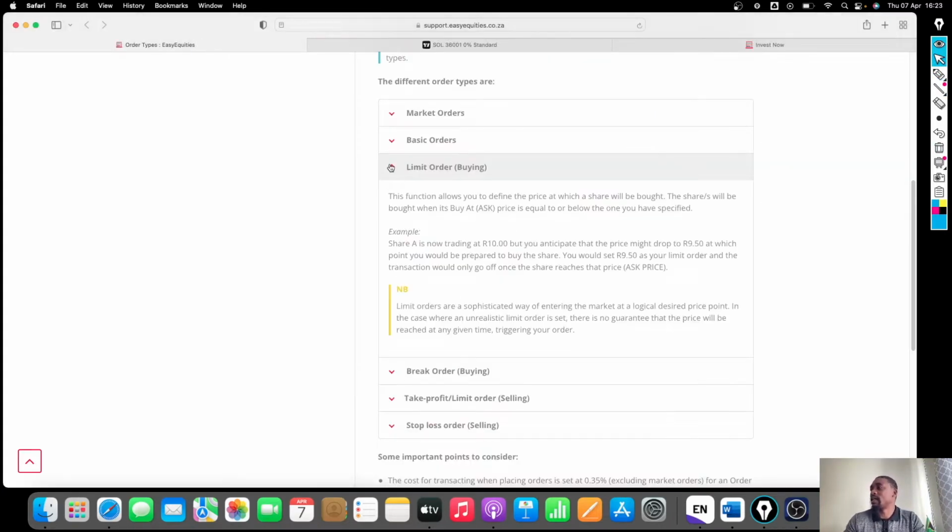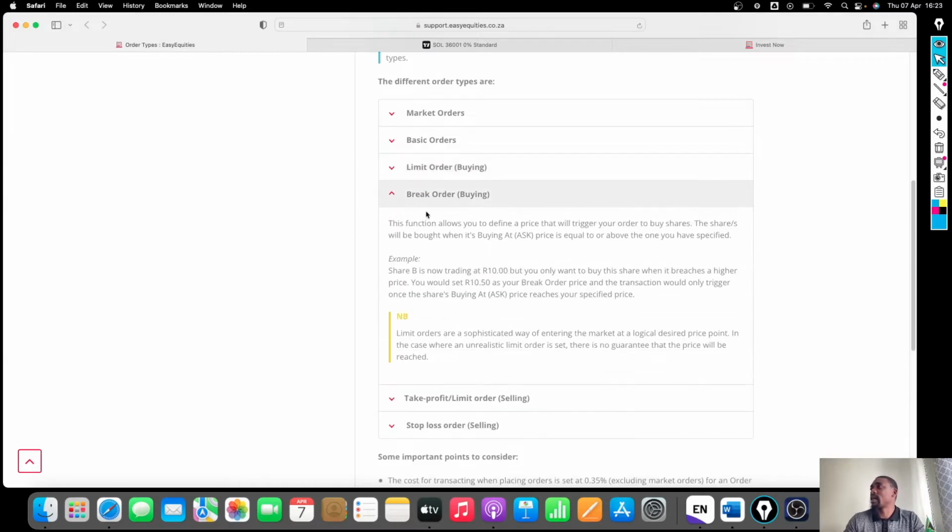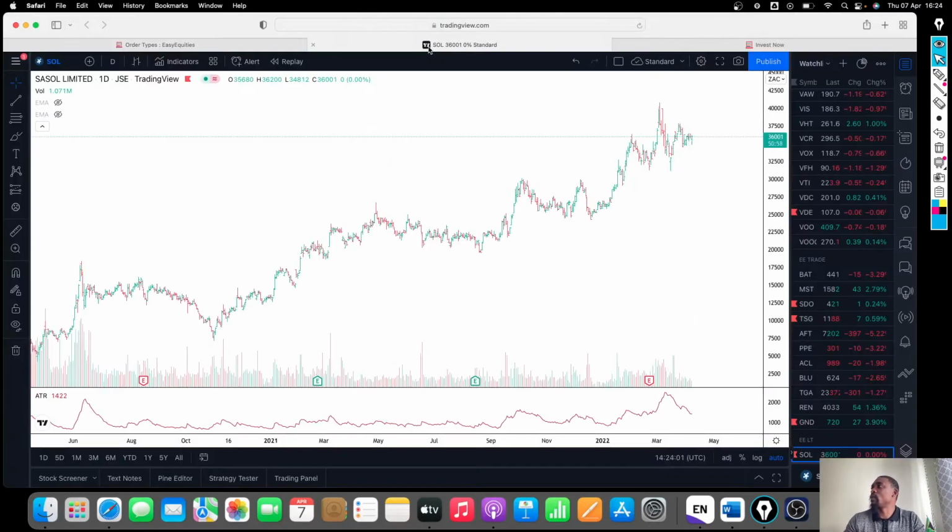Let's look at the other order type. The other type is called the buy stop order. In this case, EasyEquities calls it the break order buying. Let's see how you can use it. I'll just call it the buy stop order, not the way that EasyEquities is calling it. The share price of Sasol is trading at 360 rand per share.